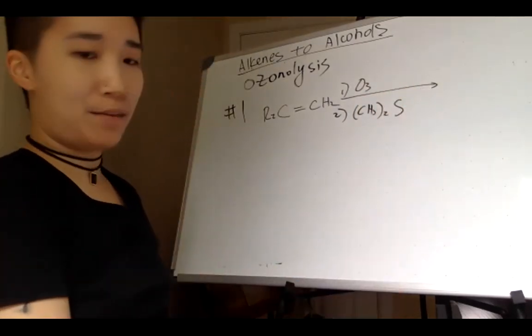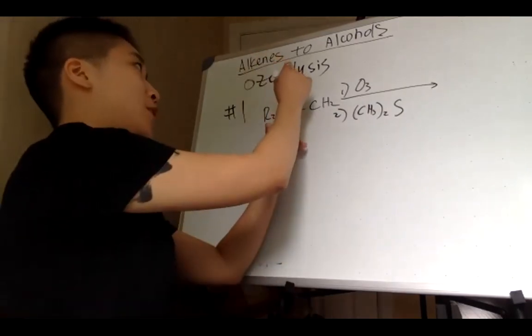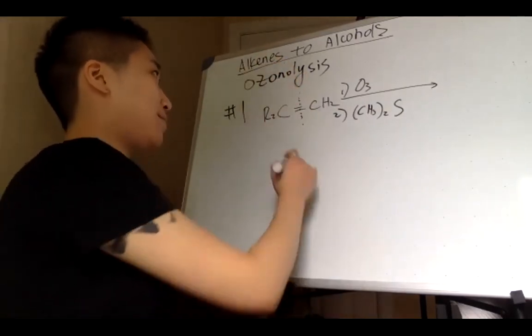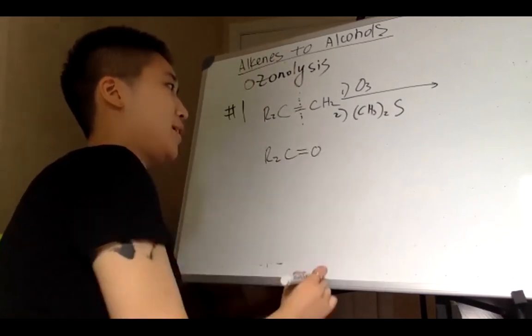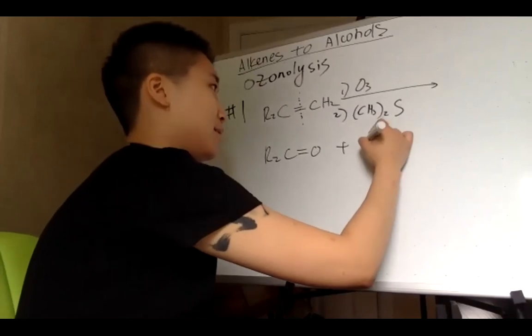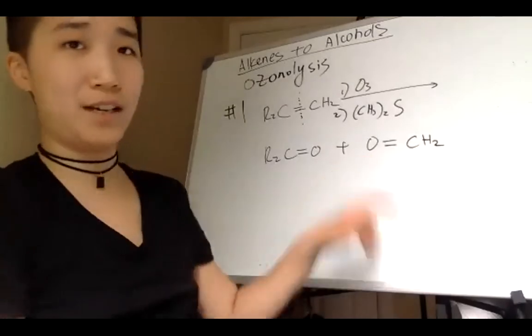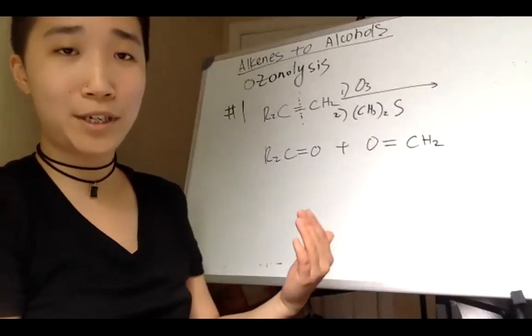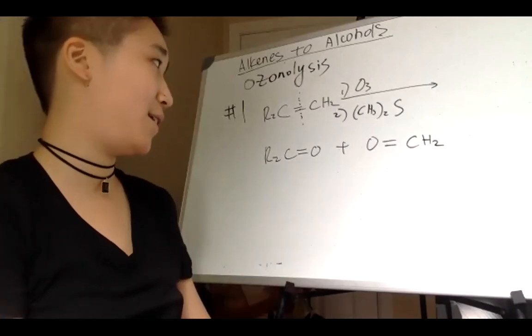What I'm going to end up generating is, basically, look at this alkene. I'm going to cut it right in the middle, and I'm going to make R2C=O, plus CH2=O. That's a pretty neat reaction. You split the molecule and make two new ones out of that.